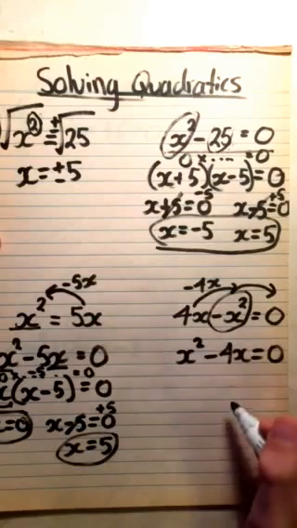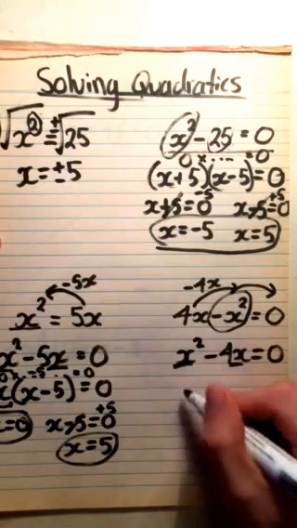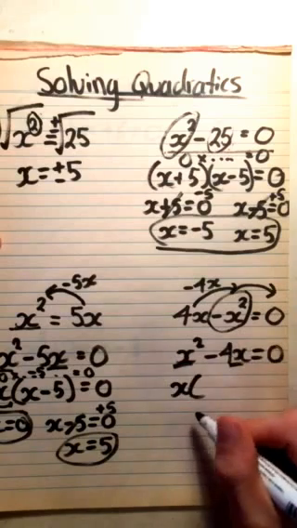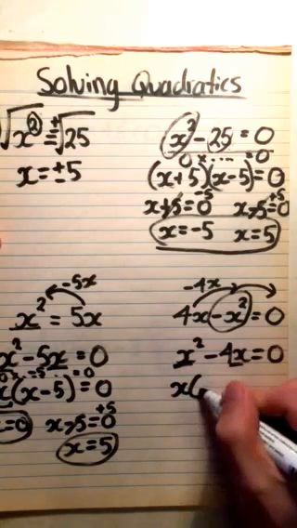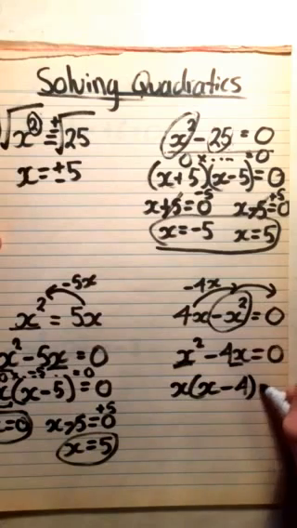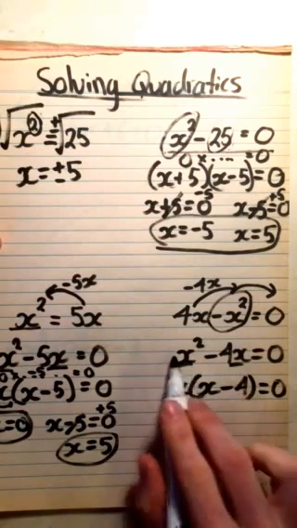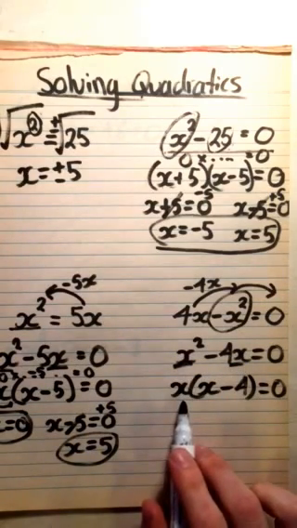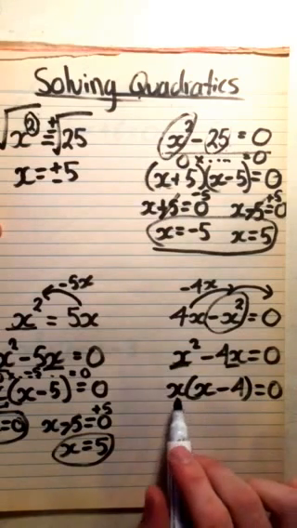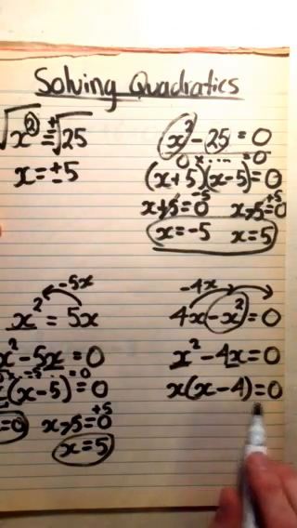Now what we do to solve it is we factorize. We can see that x is a common factor. So we take x. We want to get this back to the original equation here, which is x minus 4 equals 0. This is the same as this. It's just factorized, which is being put in brackets. Now, what x values are going to make this whole left side equal 0?